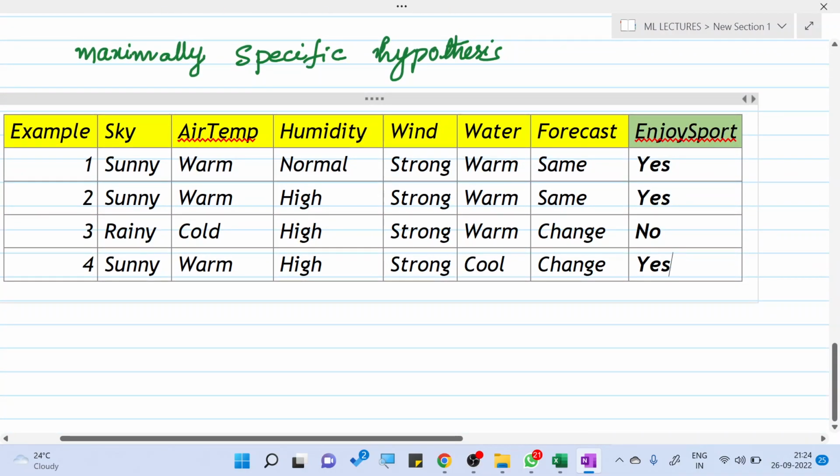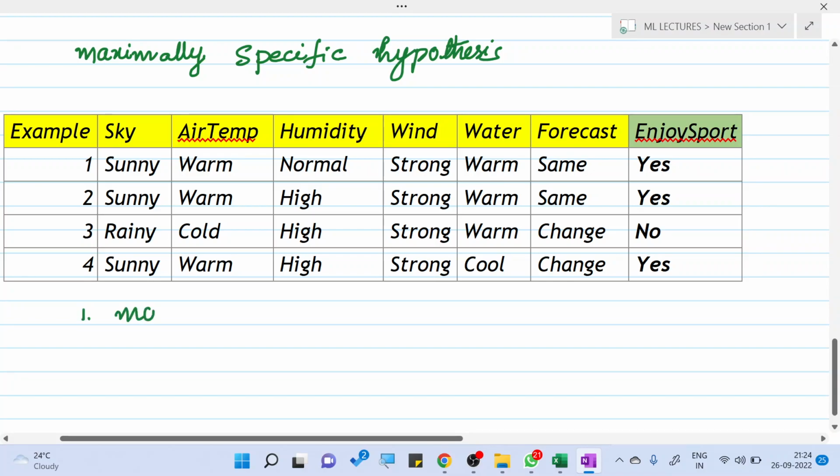So 3 positive examples and the third one is a negative example. Now let us start again with the Find-S algorithm. We will start our Find-S algorithm with the most specific hypothesis. What is that most specific hypothesis? Which will not accept any values.